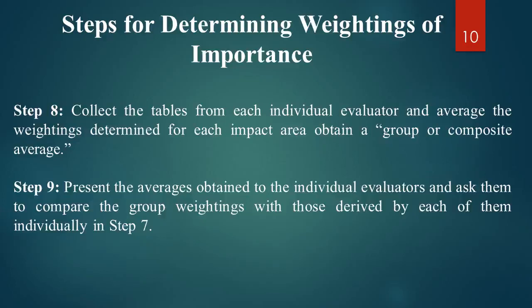In the 9th step, present the averages obtained to individual evaluators and ask them to compare the group weightings with those derived by each of them individually in the 7th step.